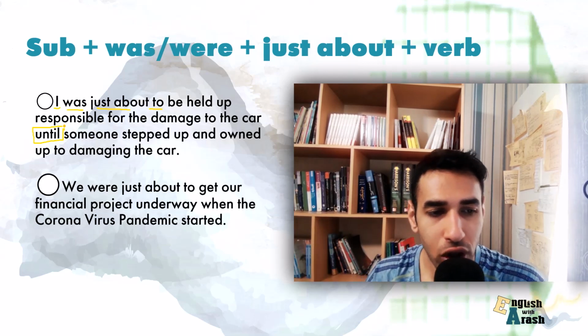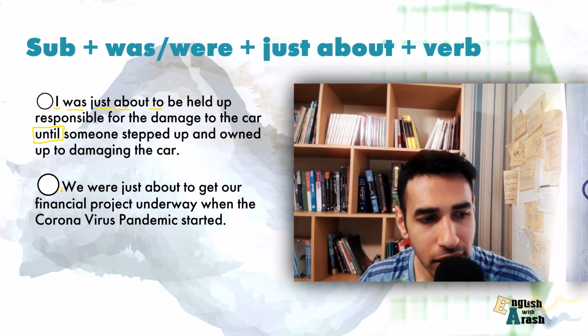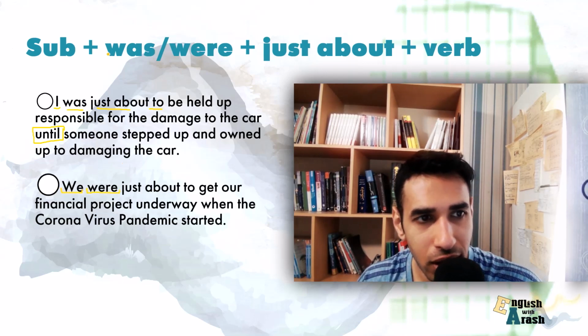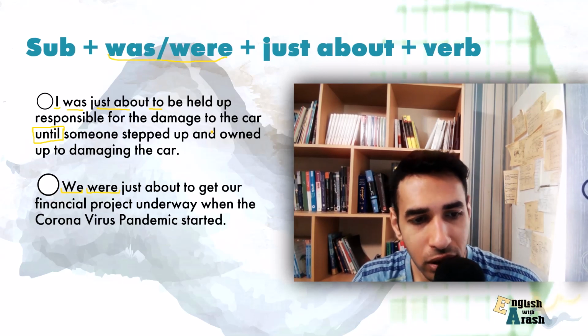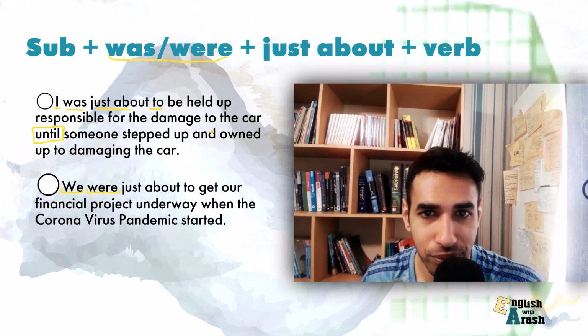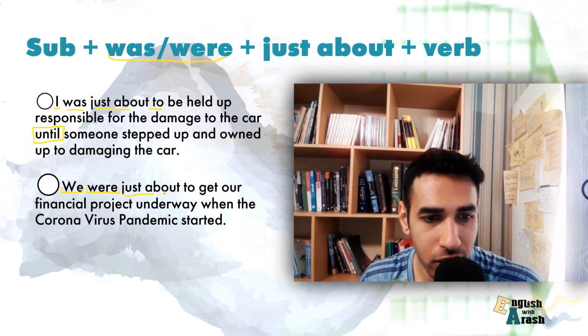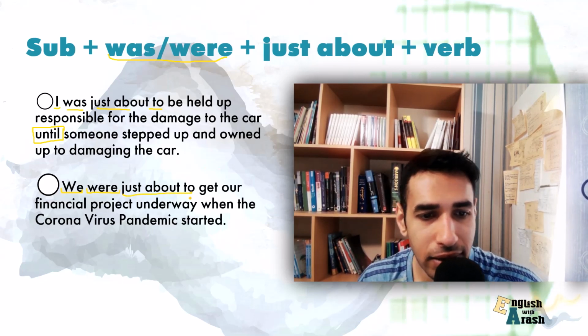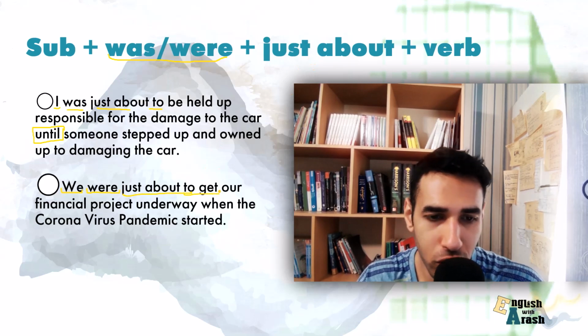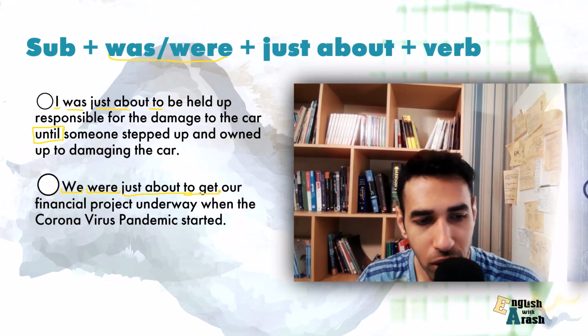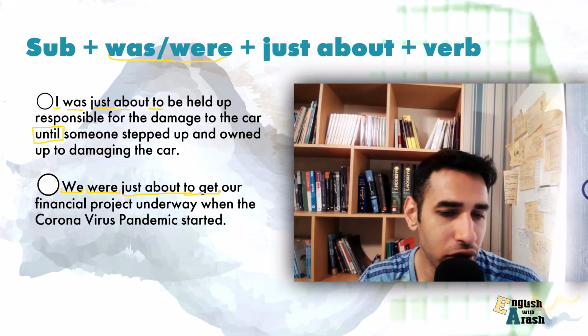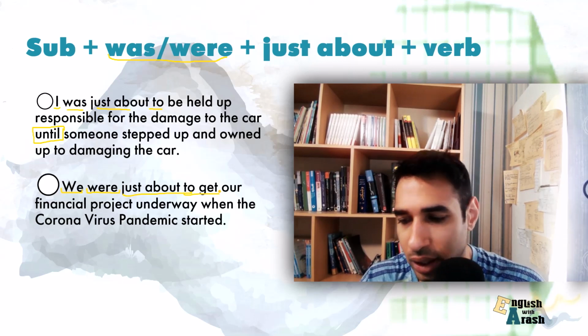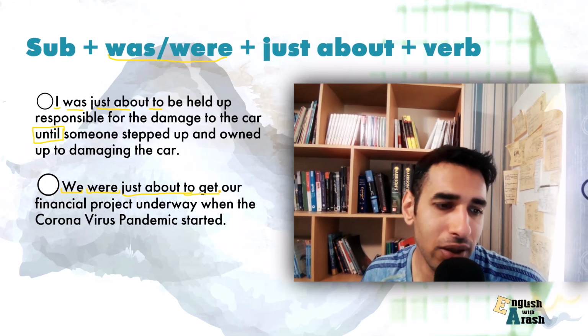We were just about. We, subject. Where is our verb here? Just about, based on the pattern, and verb with to. Our financial project and the explanation of the verb, whatever is needed to complete the sentence.